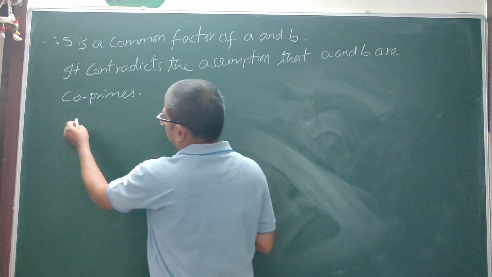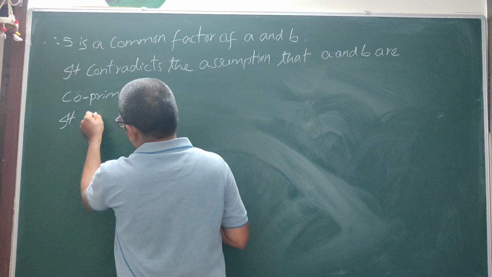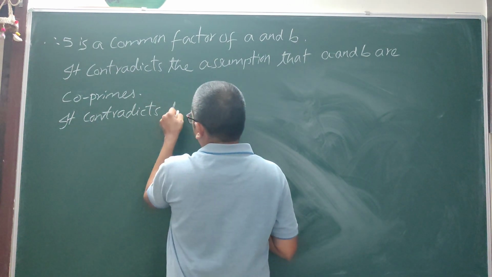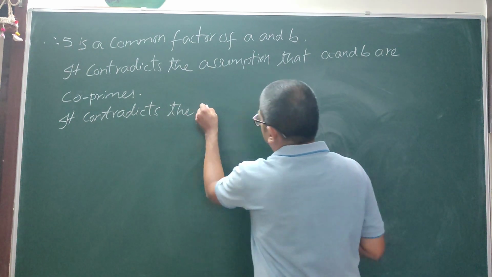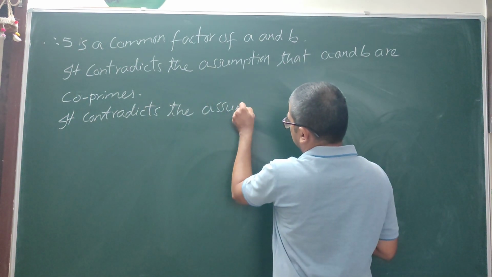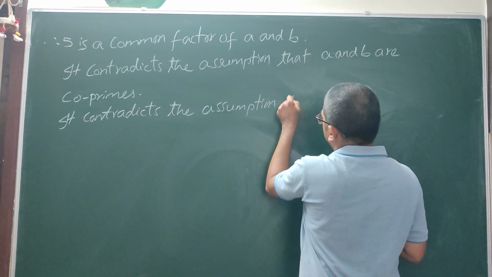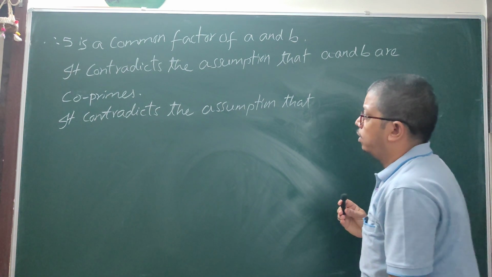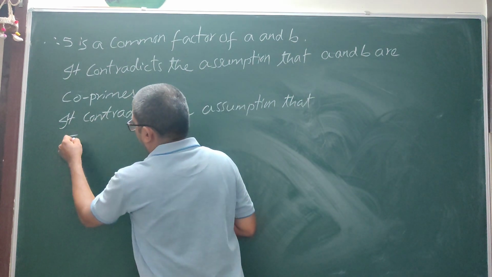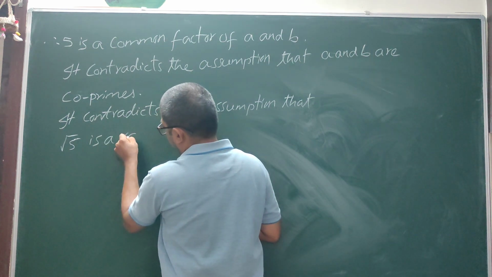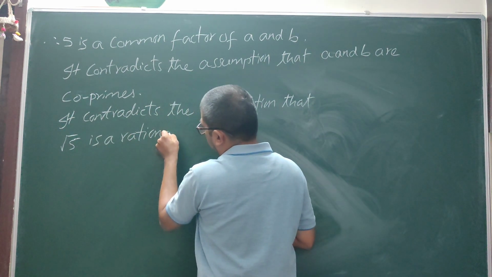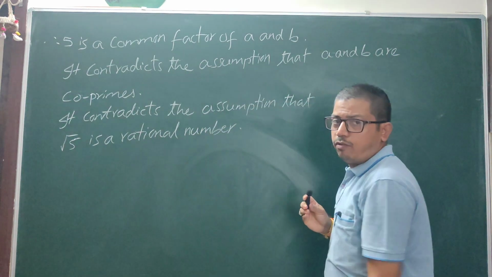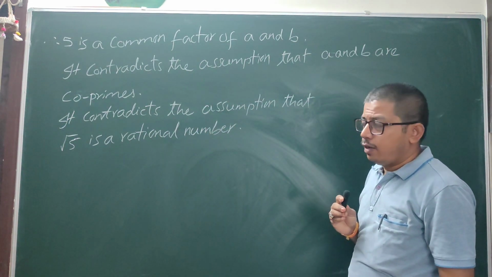That means it contradicts the assumption that root 5 is a rational number, because I have written root 5 equal to a by b.